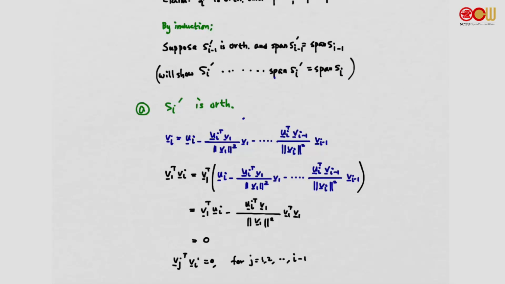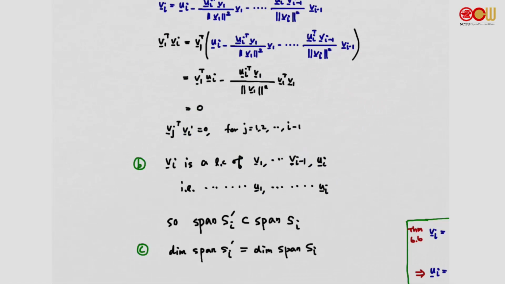Now there's one more thing to show. We want to show span Si prime and Si have the same span. Vi is a linear combination of V1 to Vi minus 1 and then Ui. It has Ui, it has V1, all the way to Vi minus 1. So it's a linear combination of these vectors. But then each V is a linear combination of the U vectors.